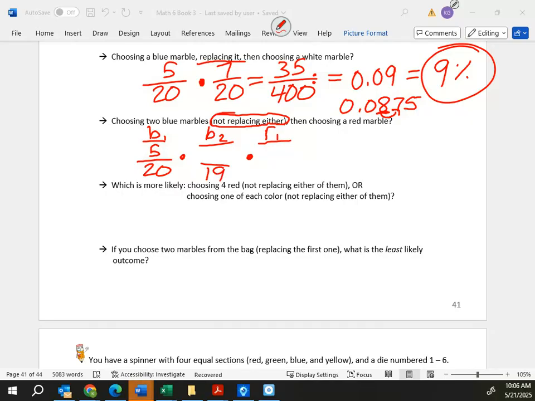But if we chose a blue marble the first time, and we don't replace that blue marble, how many blue marbles are left in the bag, Lila? There are only 4 left in the bag, because we chose one. We didn't replace that blue, so there's only 4 blue marbles left in the bag. So all of my friends that put that 3%, this is probably where you went wrong.